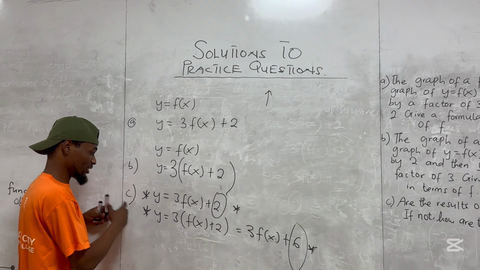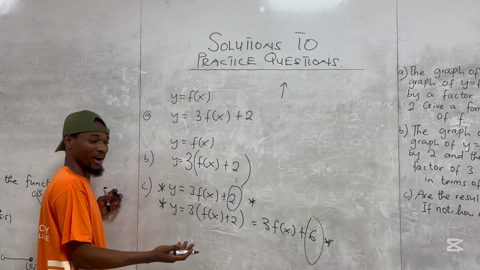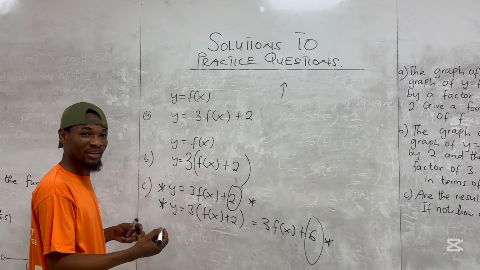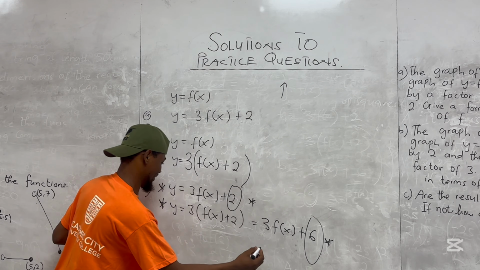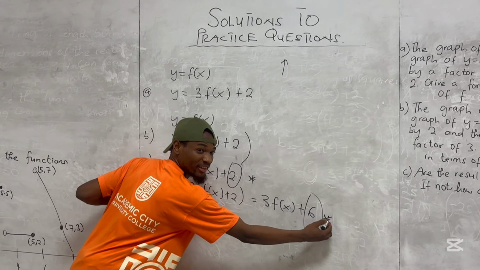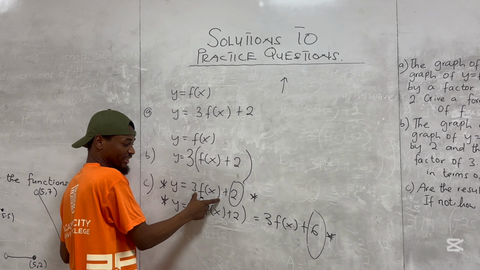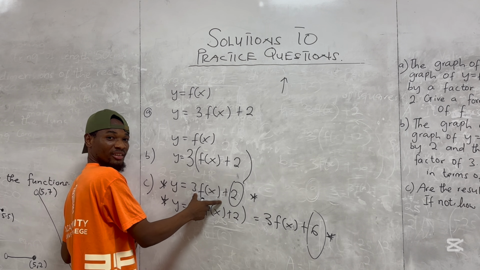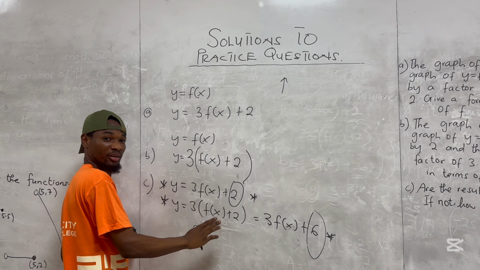Okay, so this and that, when you graph them, you will have the same shape, all right? So how are they related? So this is how they are related. So this function is the same as this one shifted by 4 units vertically upwards.